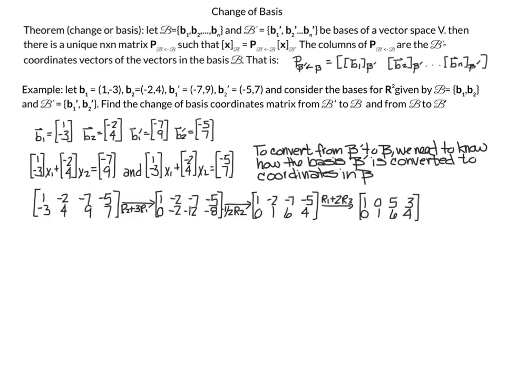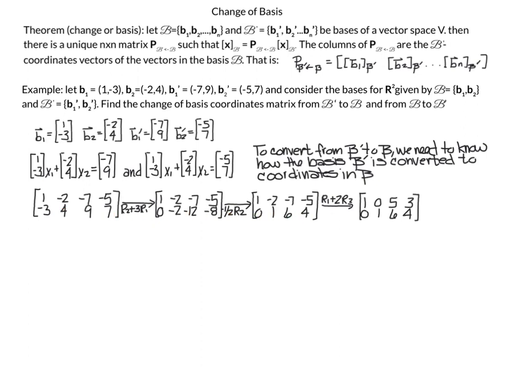Again, like the last problem, I have the augmented matrix 1, negative 3, negative 2, 4, along with my solution negative 7, 9, and because my row reduction is going to be very similar since they have the same matrix over here, I just tagged on my other solution set, negative 5, 7.